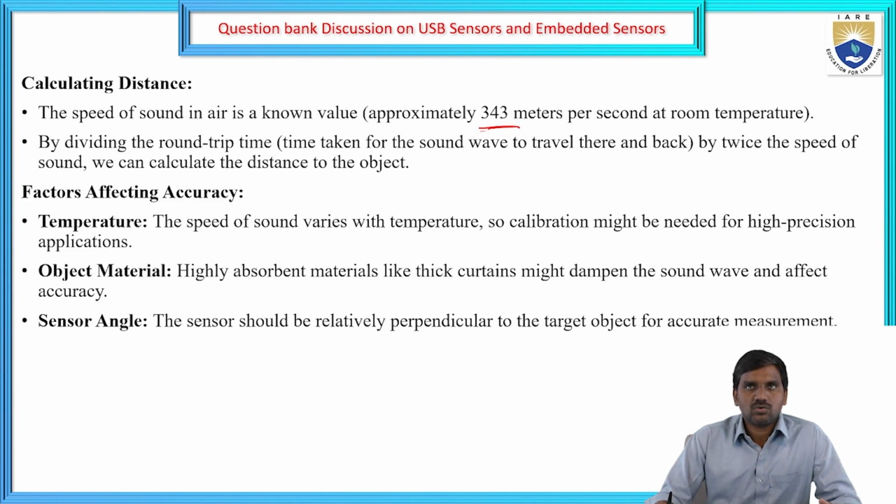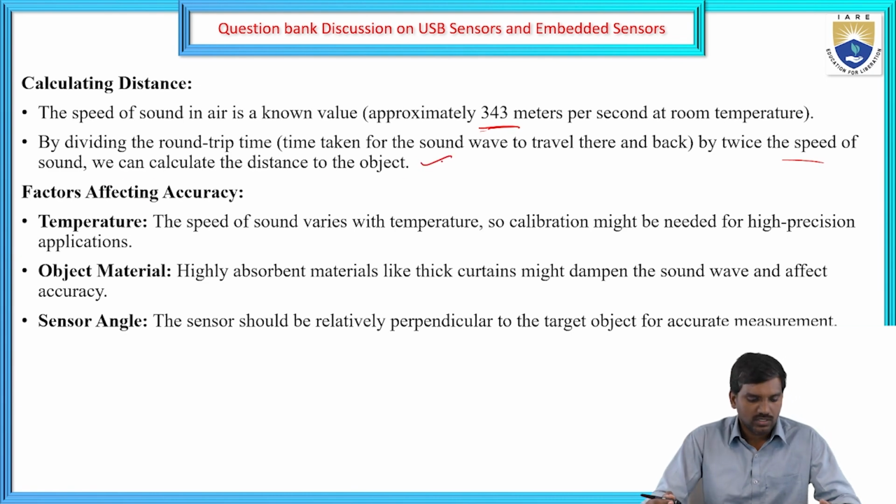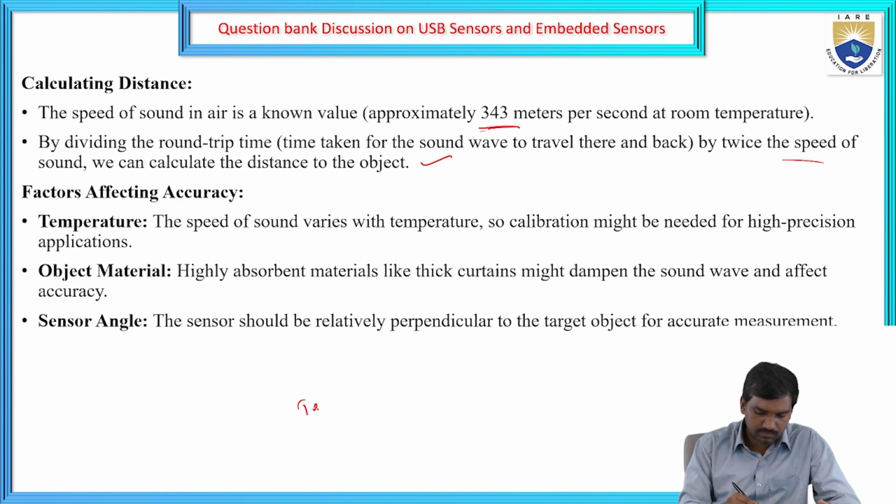By dividing the round trip time by two and multiplying by the speed of sound, we can calculate the distance of the object. And factors affecting the accuracy: temperature, object material, and sensor angle.